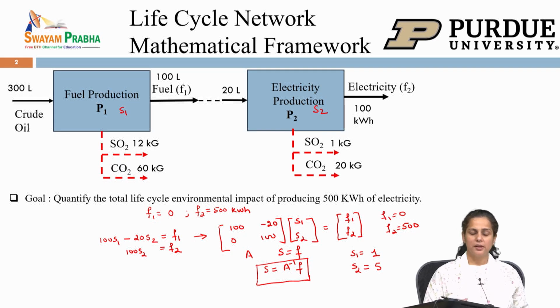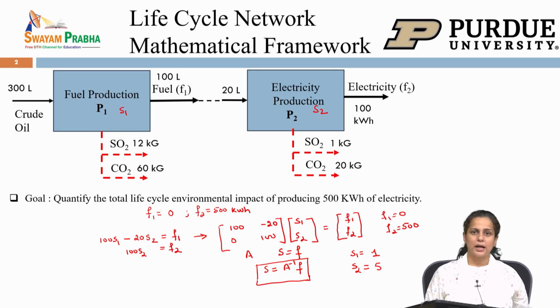Electricity production is scaled linearly to meet our goal, because there is no consumption in the network, and there is no demand for fuel outside the network. So the scaling is only to meet the demand for fuel within the network. When you scale the second process by 5 times, you would need 100 liters of fuel. So we do not need to scale it further; just S1 equal to 1 will satisfy that demand.